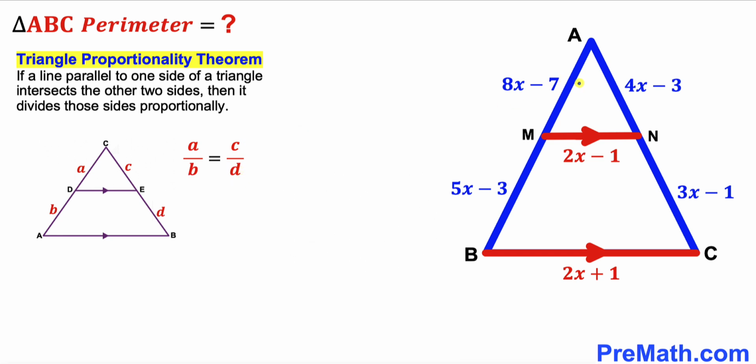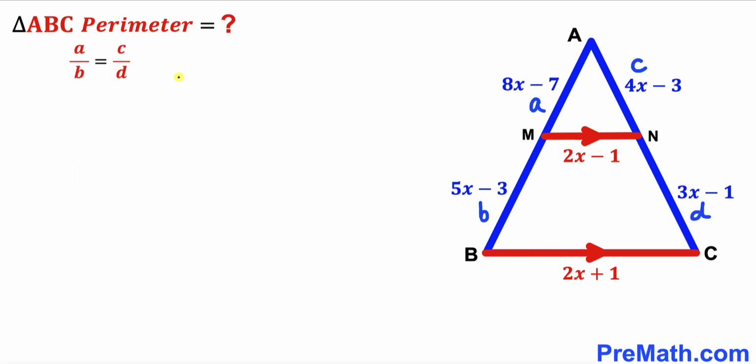So we can label this segment AM as lowercase a, this segment BM as lowercase b, this segment AN as lowercase c, and finally this segment NC as lowercase d. Then we can fill in the blanks in this proportion.